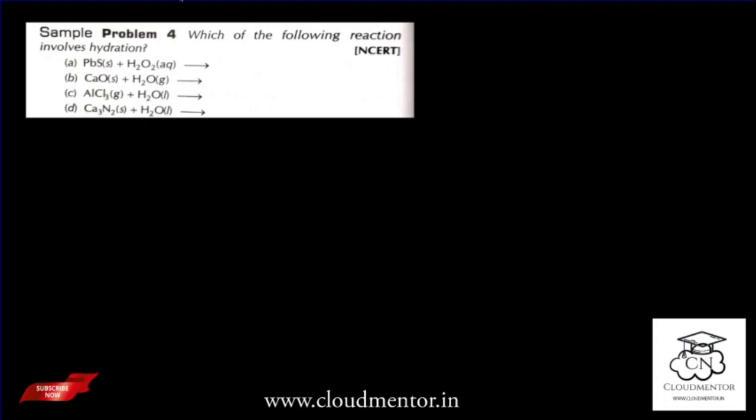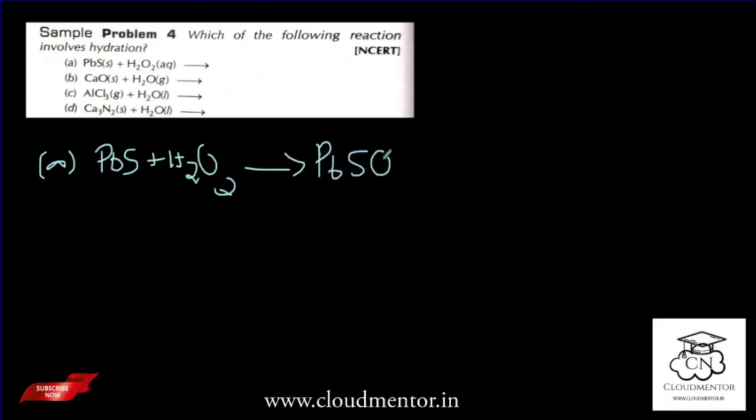Okay, now let's check all the reactions. First reaction is PbS plus H2O2, which is a redox reaction, and the product will be PbSO4 with water. There is no addition of water, and it's a redox reaction.